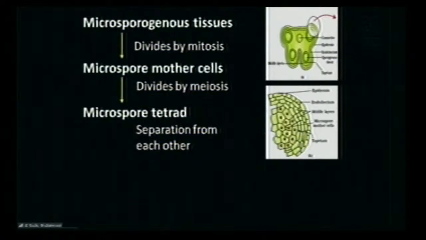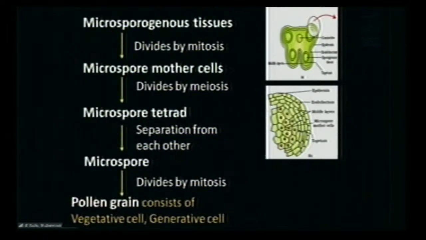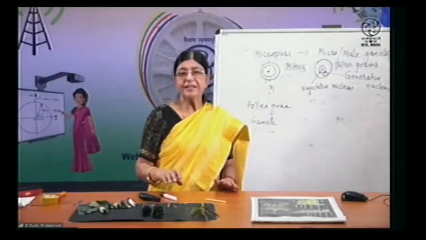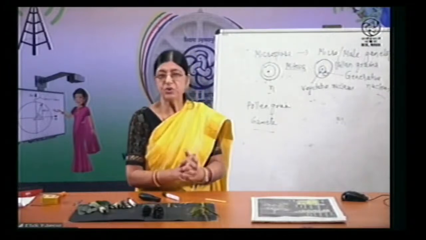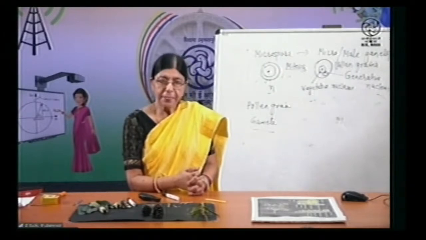Microspore tetrad undergoes separation from each other and they form microspores. Microspores divide by mitosis and form two cells. One is vegetative cell, one is generative cell. And these vegetative and generative cells together form the pollen grain. Is it clear? Yes, ma'am.